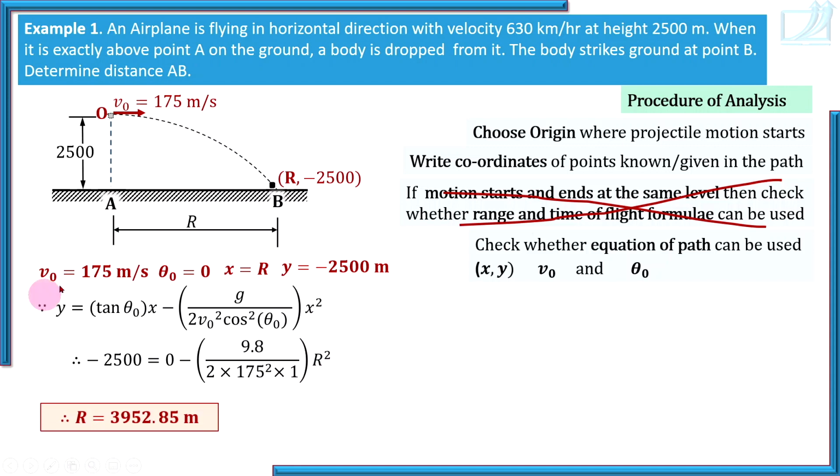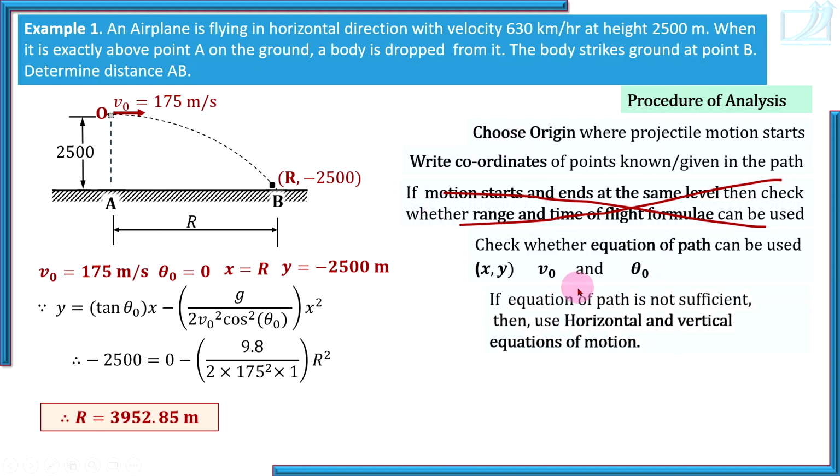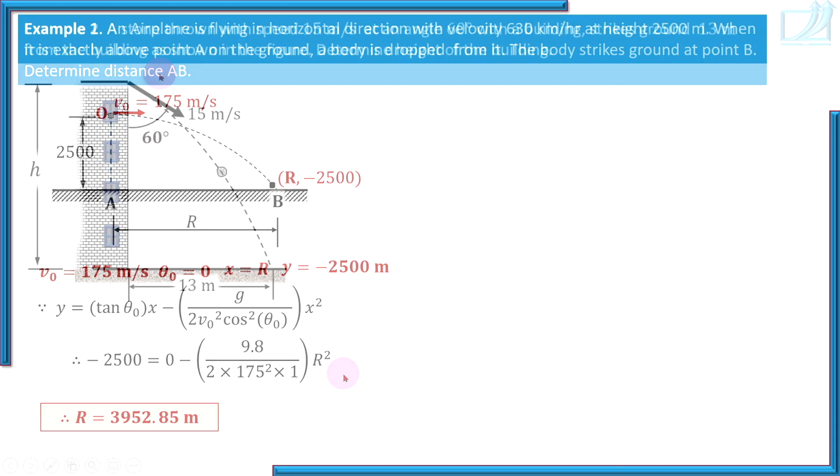So this is the solution to the problem. So remember this procedure. If equation of path is not sufficient, then use horizontal and vertical equations of motion. So this is what is our entire procedure of solving problem, but here we got the answer using equation of path only.